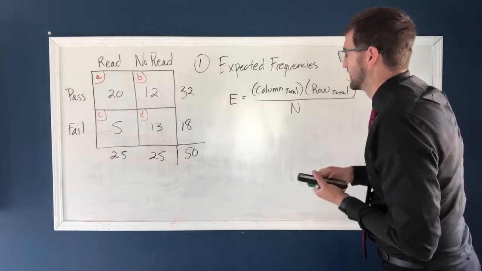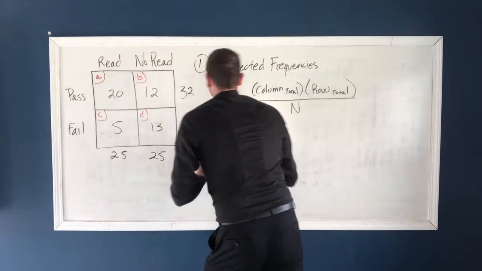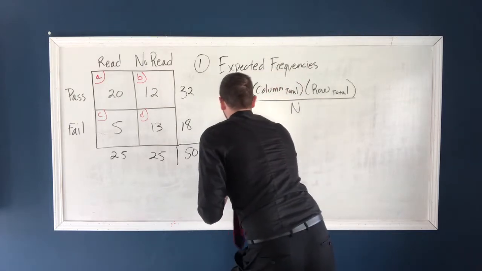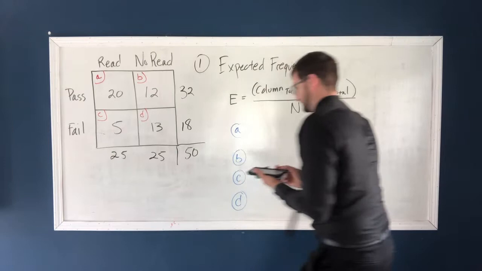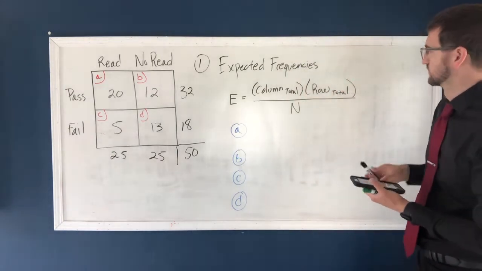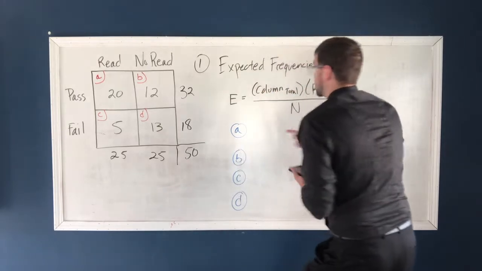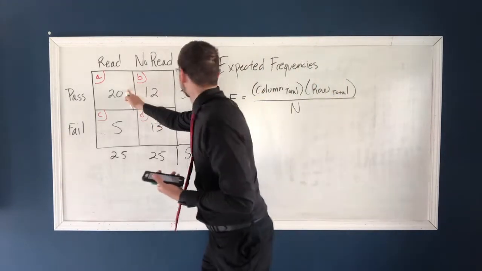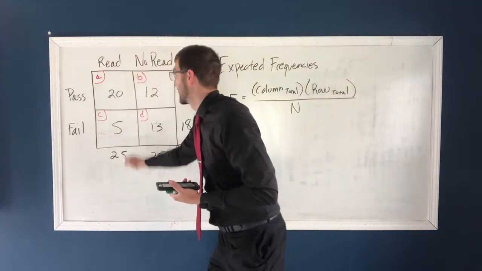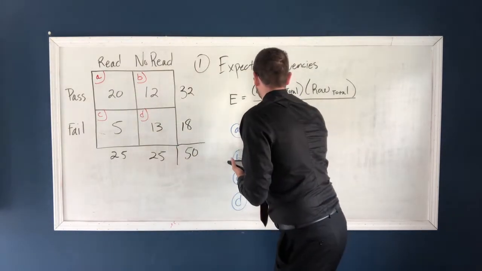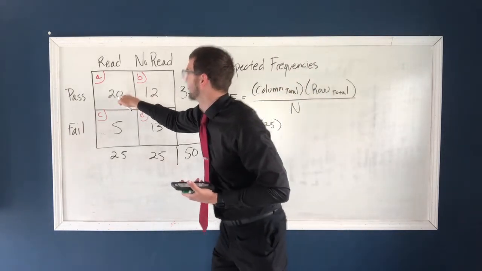What I want you to do here to keep everything organized is I want you to write A, B, C, D. Perfect. So let's do the equation for A. What's the column total for A? The column total for A is 25. What's the row total for A?